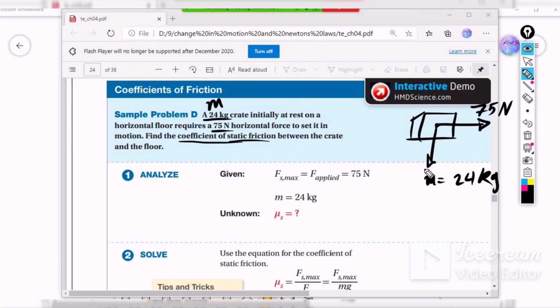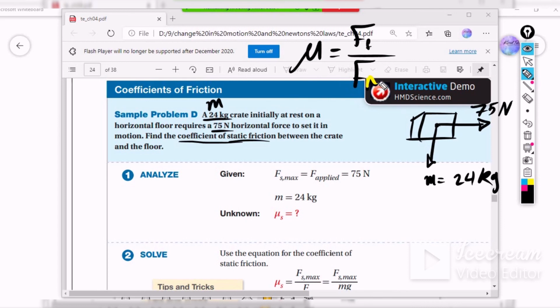Now look over, guys. At the beginning, the formula is mu equals F divided by Fn. Here F means kinetic friction or static friction, either one, and mu means the coefficient of friction, maybe static coefficient or kinetic coefficient.